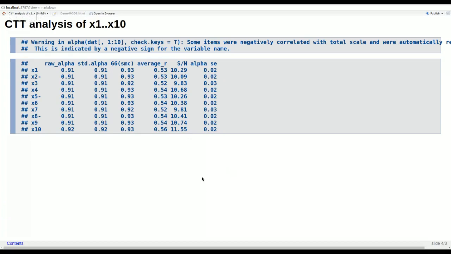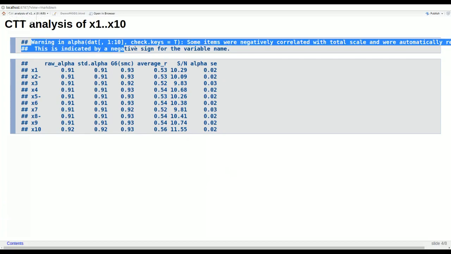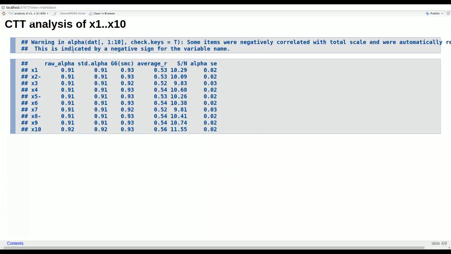So I have a classical test theory analysis, and you'll see here R will spit out, using the psych package and specifically the alpha function, whether certain items were negatively correlated with the total score. Those are item-total correlations, and in this case I asked it to rescale them. So you'll see here items 2, 5, and 8 were rescored because they were negatively related.